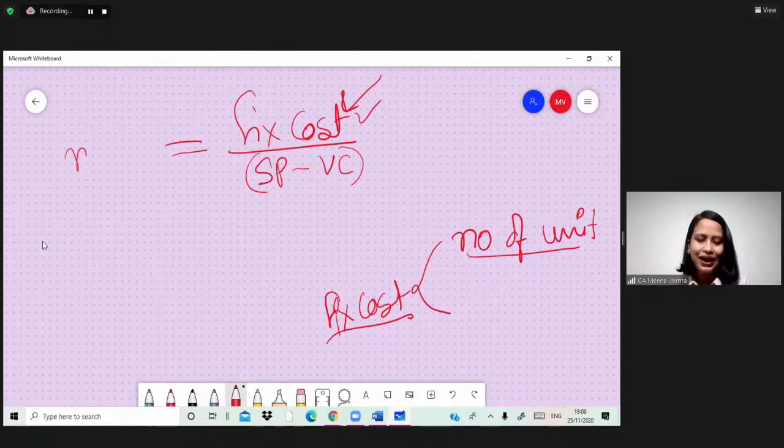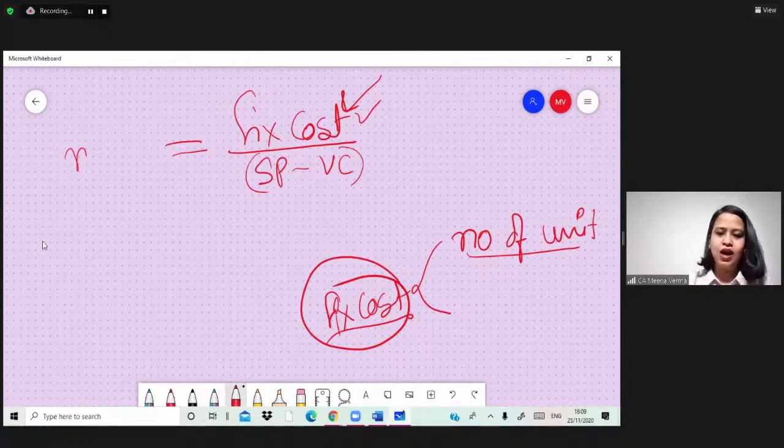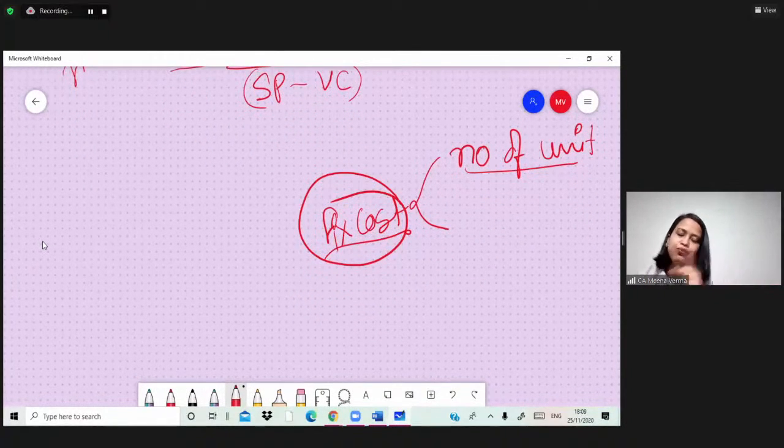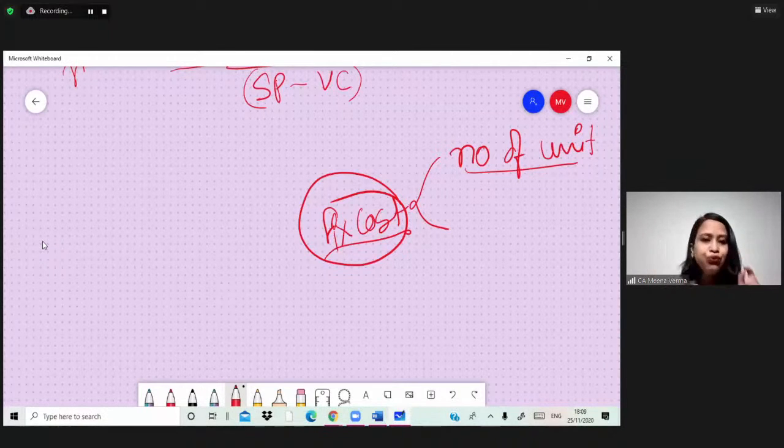Now in activity-based CVP analysis, we are doing the break-even analysis, but here we will divide this fixed cost into two parts. One part is the fixed cost which will vary with the number of units, and another part is the fixed cost which will vary with some cost driver, like setup cost, area covered, or any other cost driver.